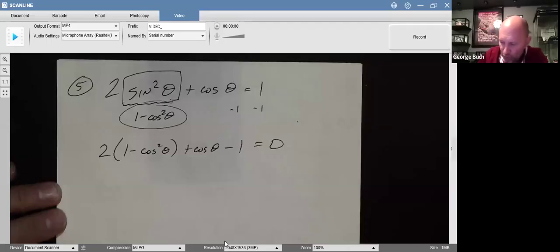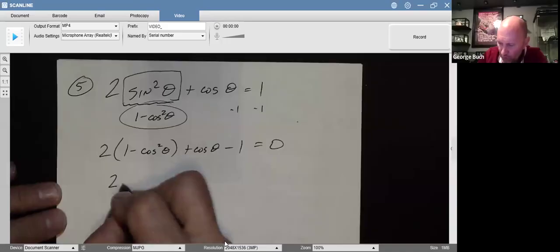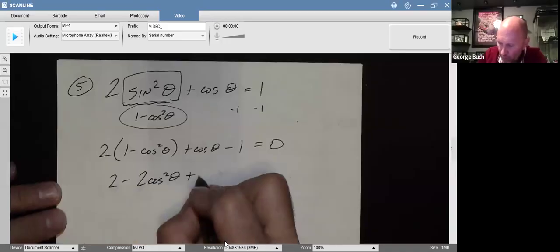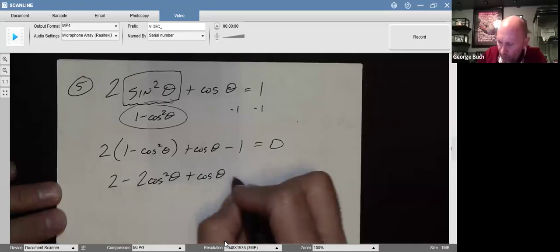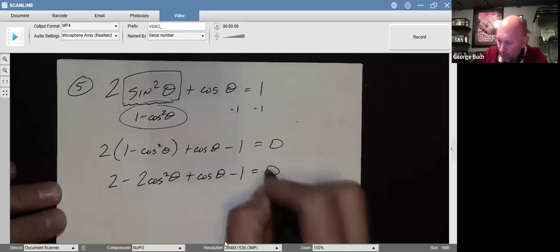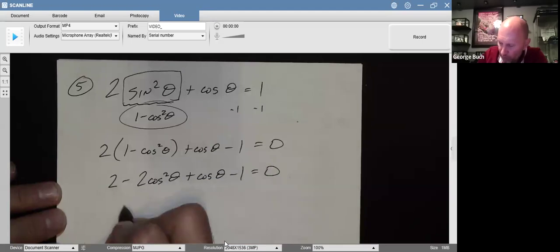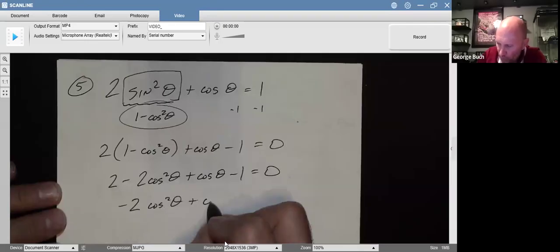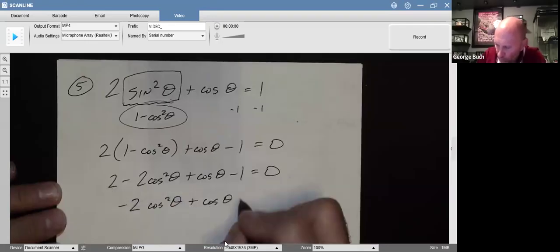Now distribute the 2. So 2 minus 2 cosine squared theta plus cosine theta minus 1 is 0. So I combine my like terms. I get negative 2 cosine squared theta plus cosine theta. 2 minus 1 is 1.